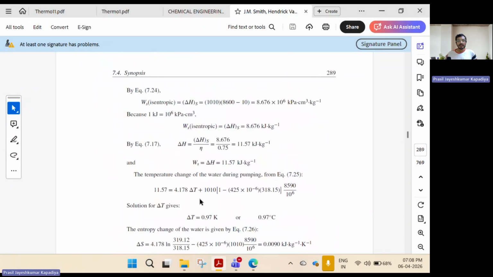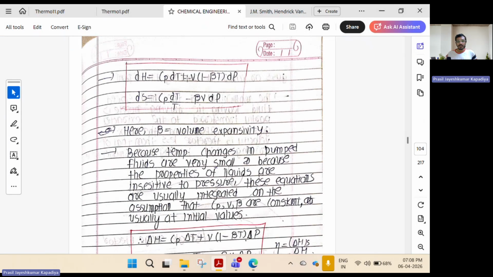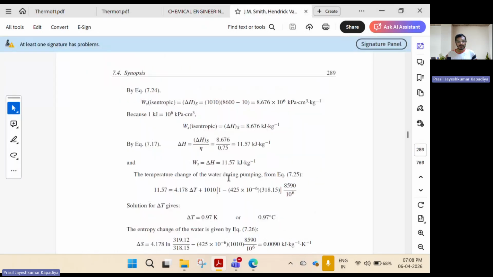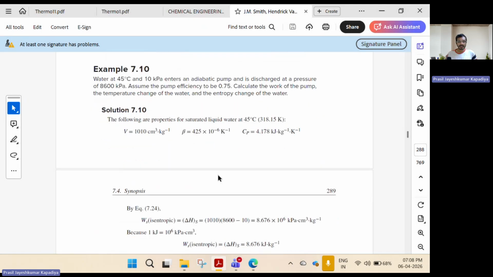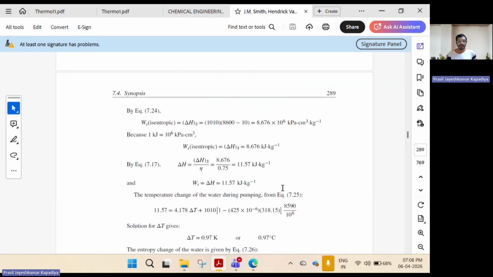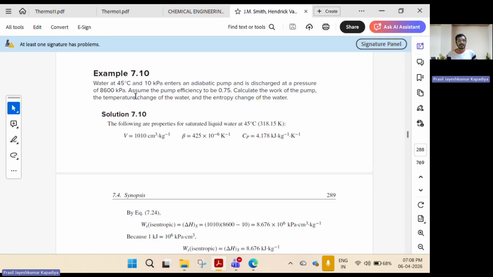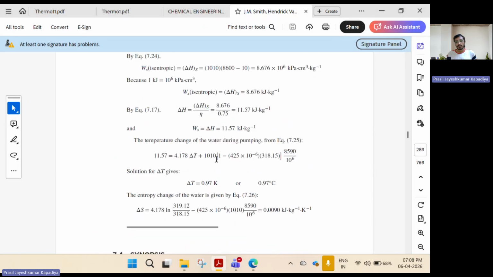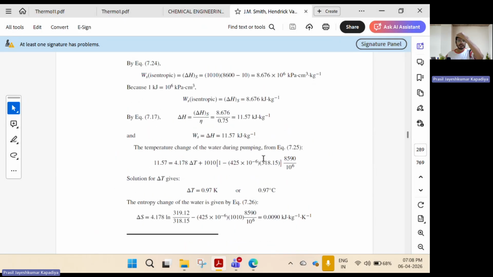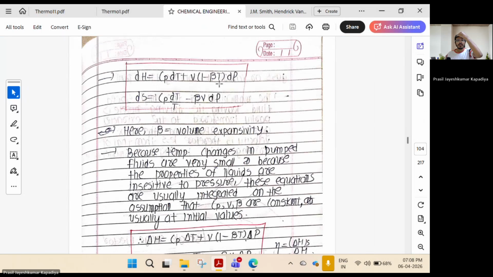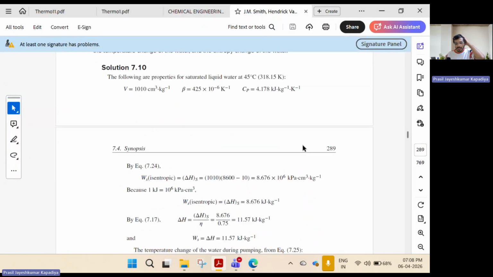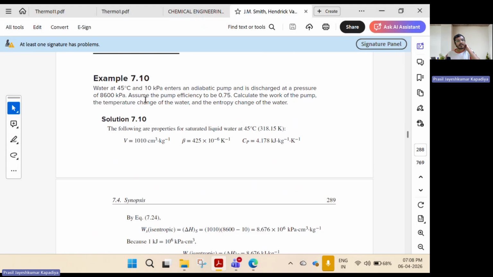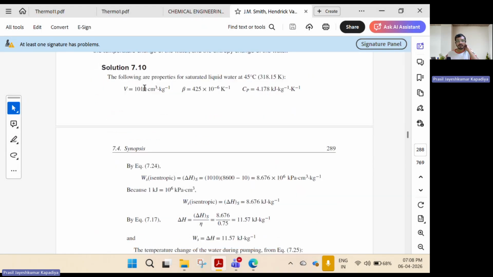Cp delta T plus V, volume is 1010, into 1 minus beta is 425 into 10 to the minus 6, into 1 minus beta T, temperature is 45 degrees Celsius, that is 318.15 Kelvin, into delta P. So delta P is 8600 minus 10, so it is 8590 kilopascal.